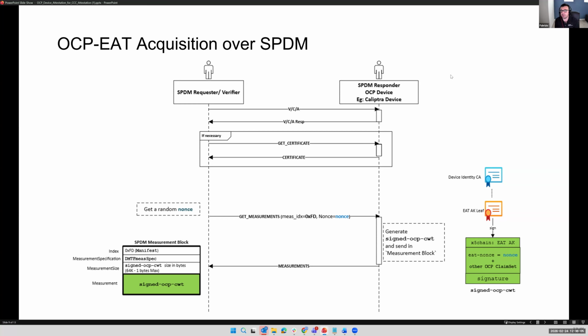I see a hand raised. Yeah, so if you could please clarify this verifier. I'm trying to make sense of this from a high level. So what I see is that basically you have the SPDM responder, which is the device, and the SPDM requester, I believe that's the trusted execution environment which Giri was showing.